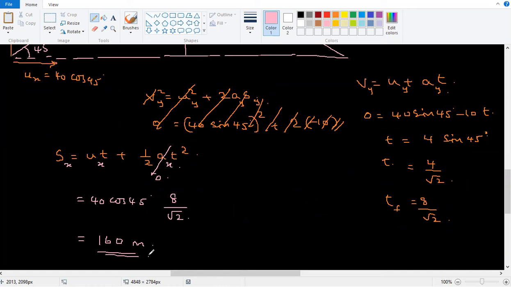Cos 45 is 1 by root 2. Sir, it is 80 meters, sir. Why? I'm getting 8 here, so it's 2. 2 and 8 will cancel to 4. 4 into 40 will give me 160.